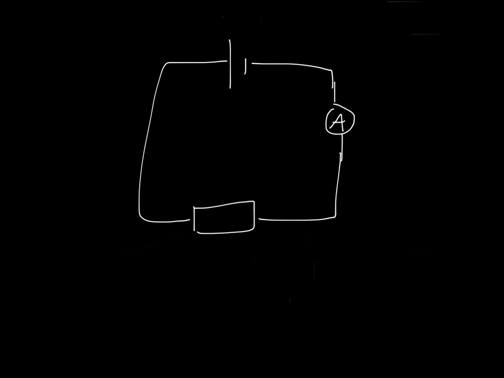Now, if this is V and this is R, we know that the current is V over R. But what if this thing has a resistance? Then we need to add it here, right? So then it will be V over R plus little r of the ammeter. So what happens is that just by putting an ammeter here, I am getting a smaller current reading than I should be getting, because this has an internal resistance.